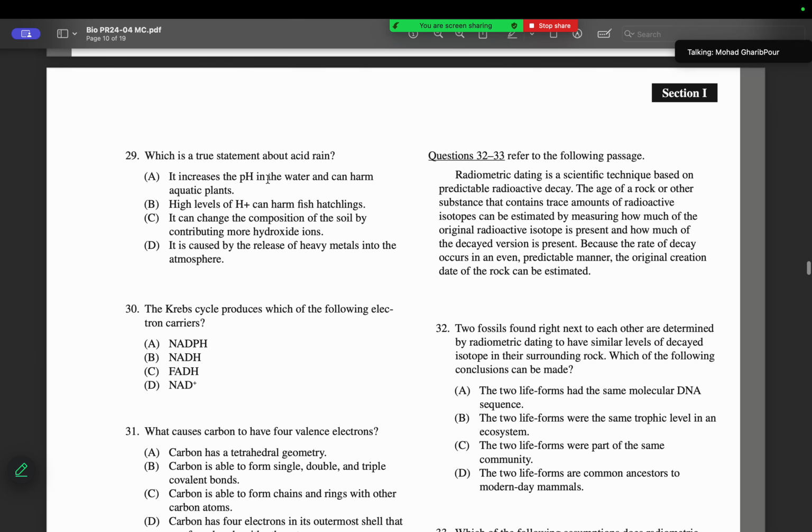Okay, acid rain. Which is a true statement about acid rain? It increases the pH in the water and can harm aquatic plants. So does acid increase pH? Yes or no?